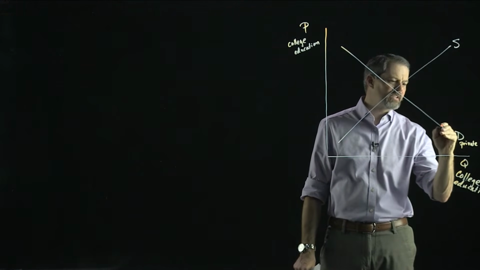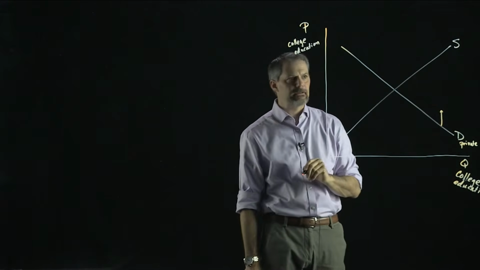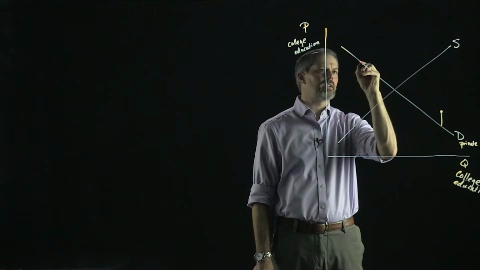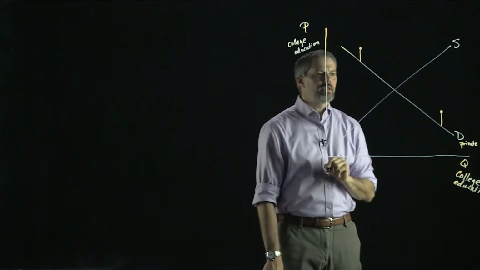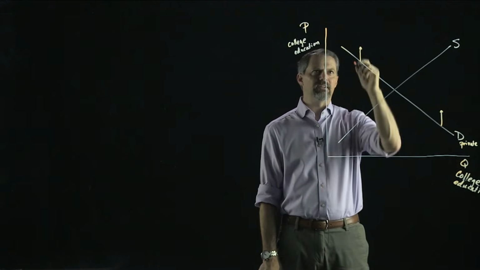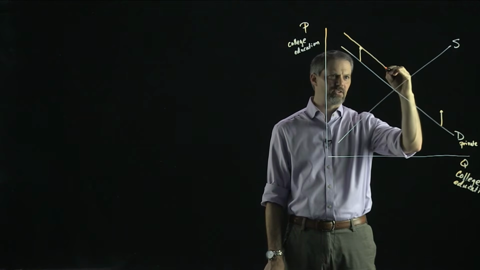And so let's suppose that that external benefit is, say, that vertical distance. Okay? And it's going to be that vertical distance whether we're talking about this quantity or this quantity. There's our external benefit.